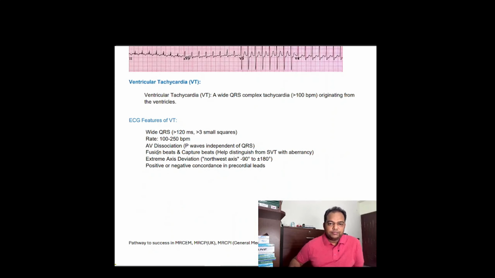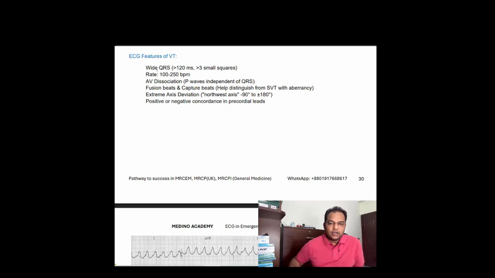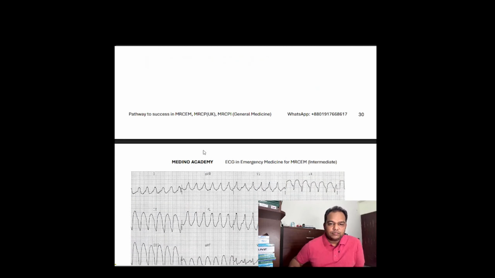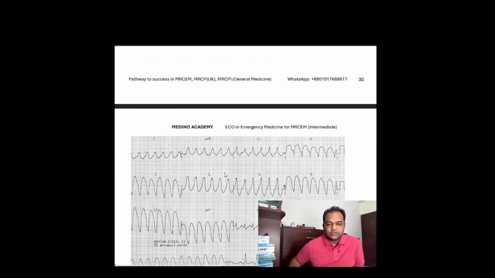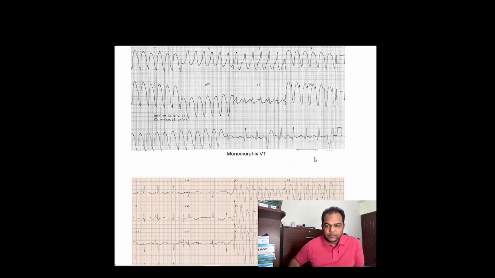Ventricular tachycardia, ECG features. You can see that here QRS is wide, that means more than 3 small squares, and capture beats or fusion beats may be present. You can appreciate the QRS is wide, obviously more than 3 small squares, and these are the capture beats, and these are the fusion beats.